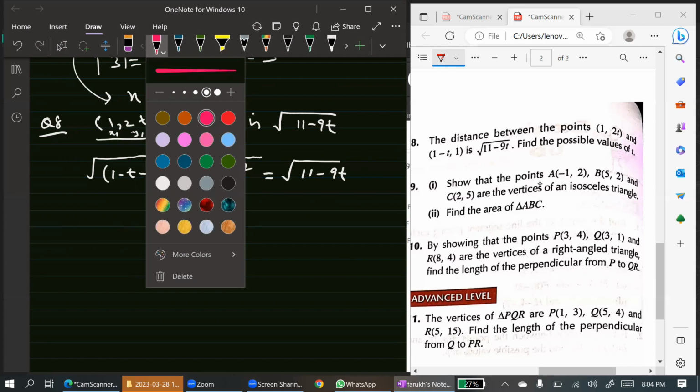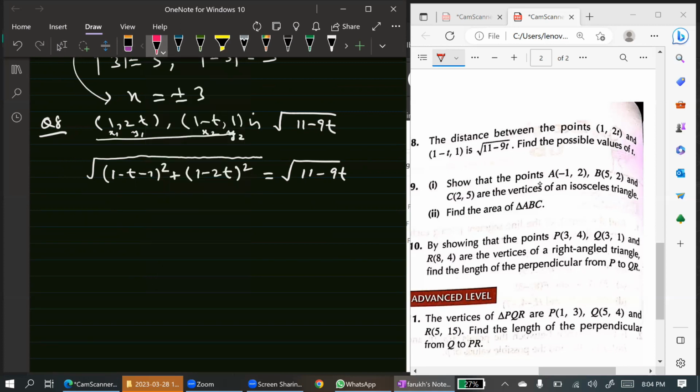Now we will take square on both sides to cancel the square root. The square and square root cancel.